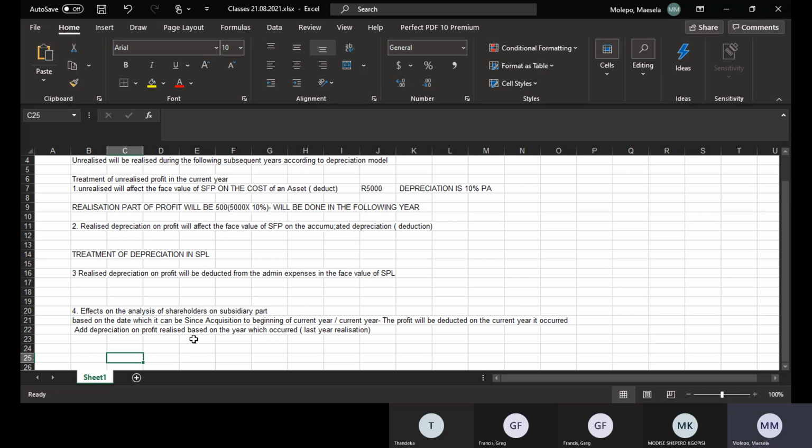On page 144, we've got the subsidiary selling the depreciable asset to the parent, whereby our subsidiary is Y and our parent is X. And then we've got the pre-adjustment trial balance, and then the statement of changes in equity, and lastly the adjustment based on what was happening in their books.